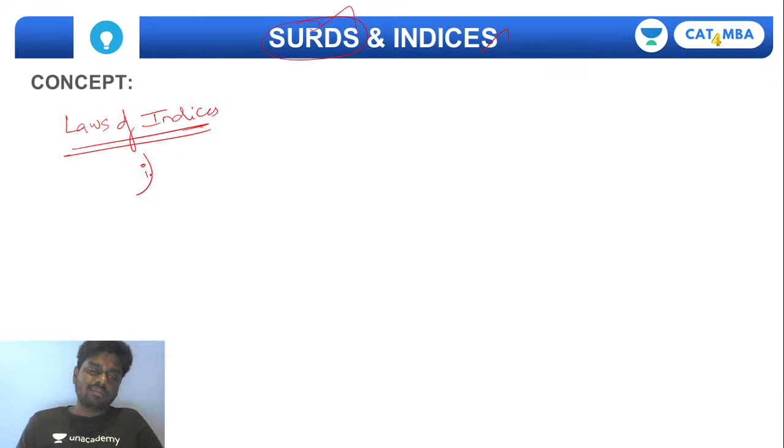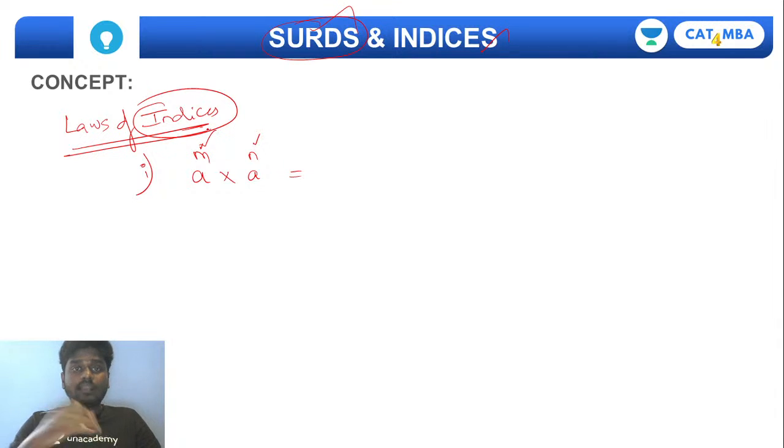The first important law we want to understand is, let's say I have a power m into a power n. Listen carefully, how can this be written? Indices are the mathematical operations related to powers, and surds are the mathematical operations related to roots in powers.